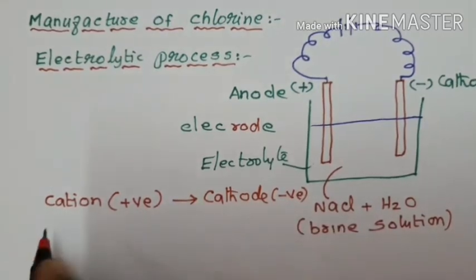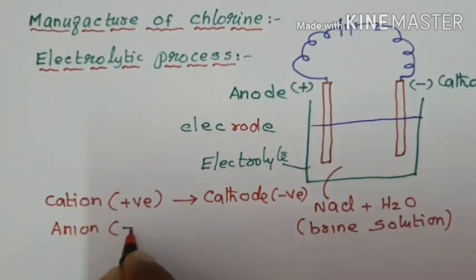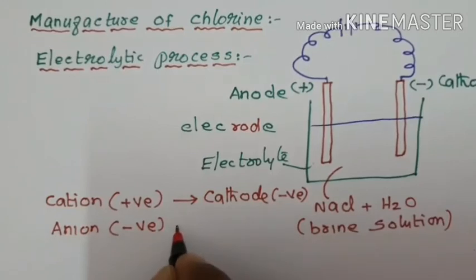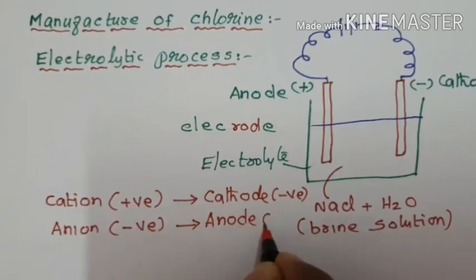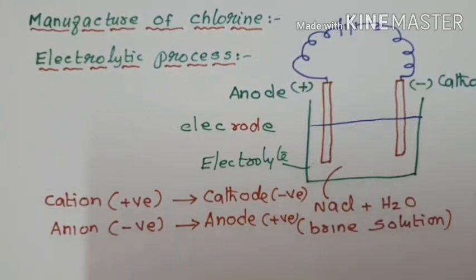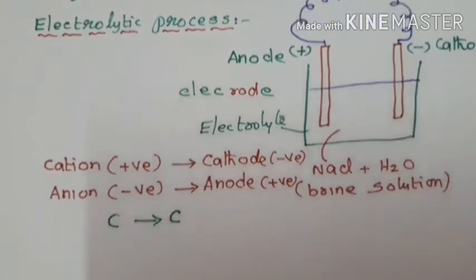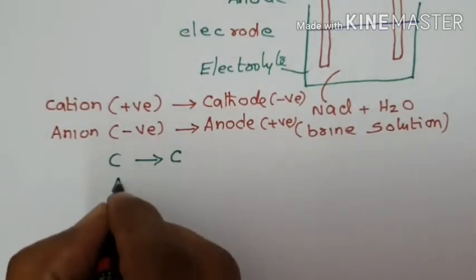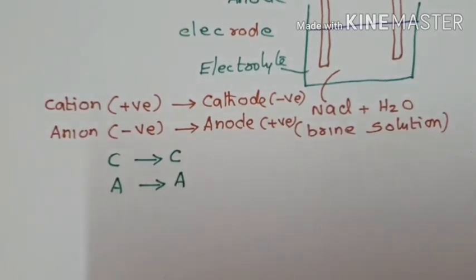The anion, which is negatively charged, moves towards the anode, which is positively charged. Simply remember, during electrolysis, cation moves towards cathode, and anion moves towards anode.